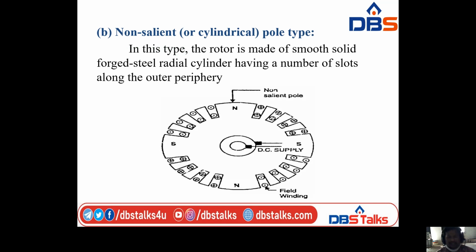Next, the non-salient type or cylindrical type. The poles are not projected on the outer side. The rotor is made up of a smooth, solid, forged steel radial cylinder having a number of slots along the outer periphery.